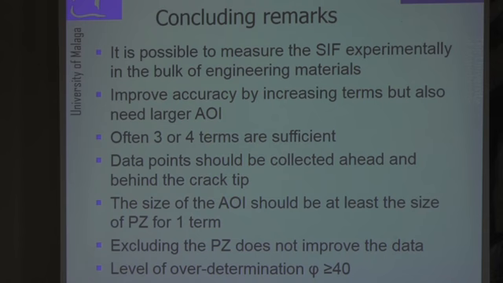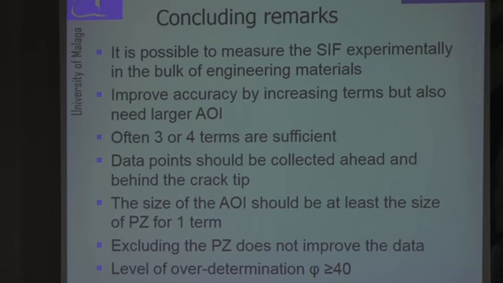But anyway, we've seen that 3 or 4 terms is often sufficient, sometimes even less. With the data that I showed, even 1 or 2 terms is often enough. We also saw that we should collect data both from ahead and from behind the crack tip for a better fitting, and that the size of the area of interest in general should be bigger than the plastic zone, at least for 1 term, and of course even larger for more terms.